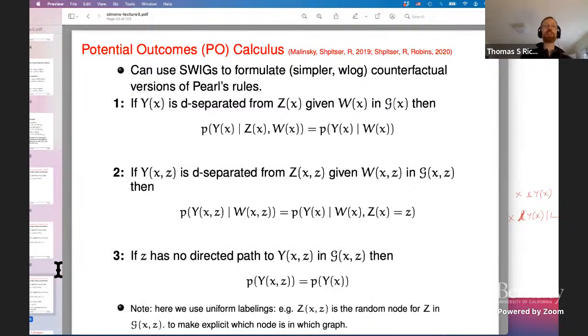And then the even better news is that the third rule, we're going to replace with a much simpler rule, which just says if z has no directed path to y of xz in g of xz, then these two distributions are the same. So that dropping z is not going to change the marginal distribution of y.